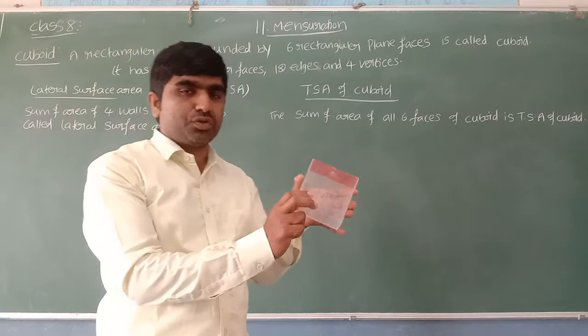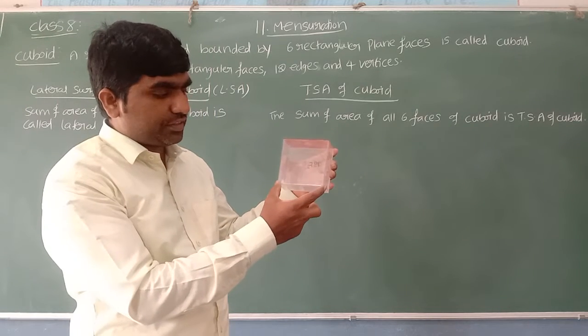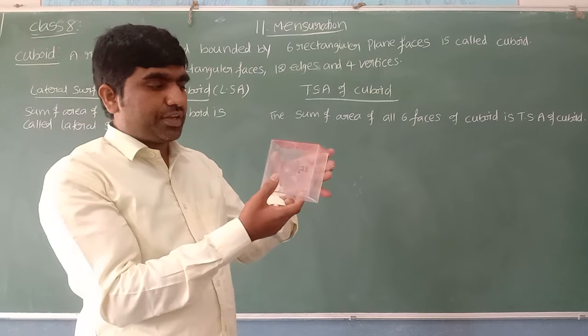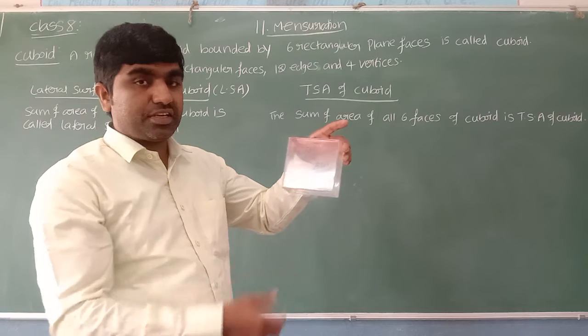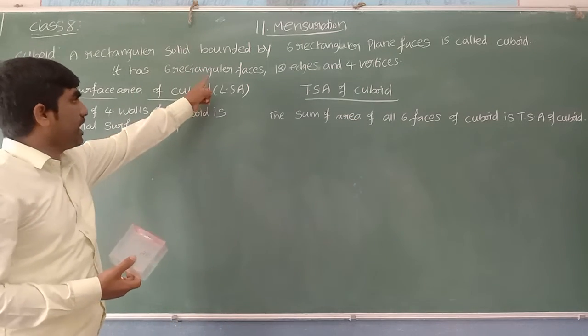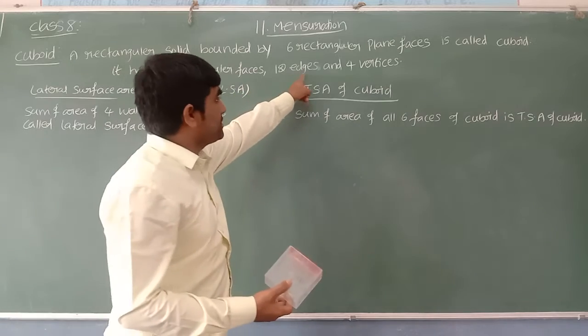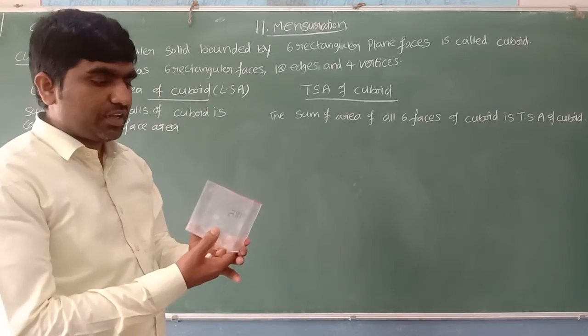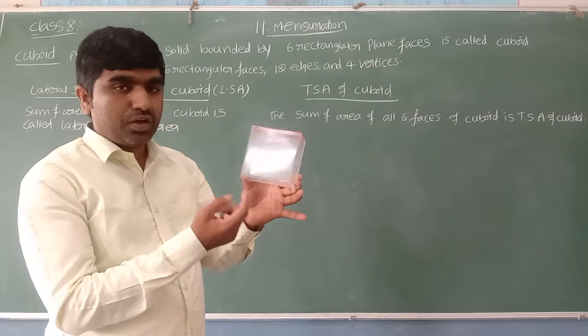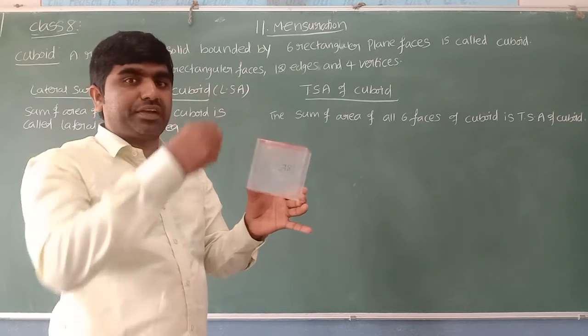It is a three-dimensional figure. Those three dimensions are length, breadth, height. Now let us see how many faces it has. Six faces, six rectangular faces. How many edges? Edges are nothing but sides. How many sides are there? Bottom four sides, 1, 2, 3, 4. Bottom 4, top 4, 8.